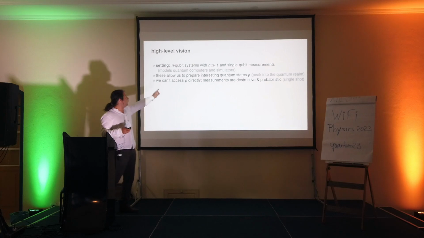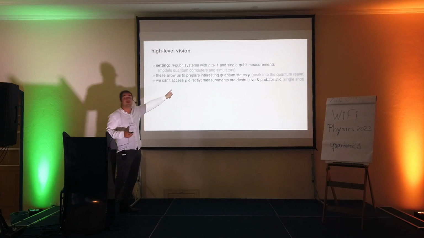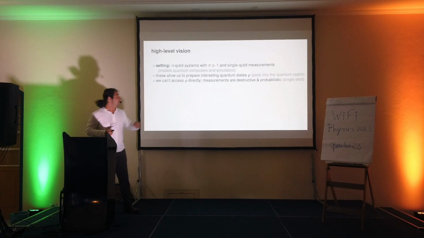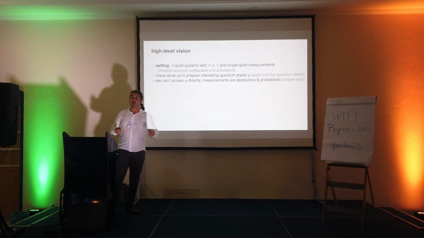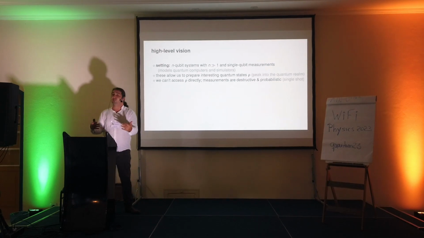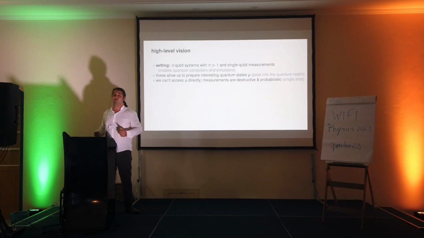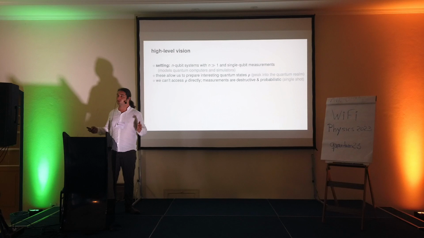Instead, you can prepare it, and then you have to measure it. And you will always get these bit strings as outcome, and they are probabilistic in the single shot limit, and also disruptive. They typically strongly interfere with the system in question, and in quantum optics, if a measurement is done, it destroys the photon, and the quantum system is really gone.